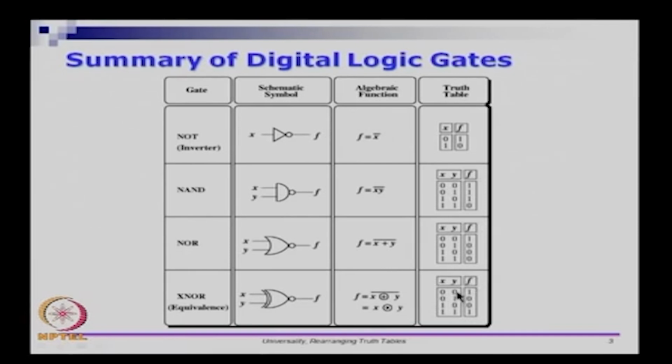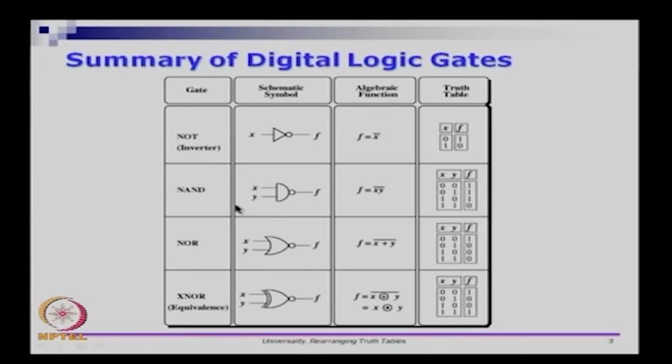If both the inputs are the same, so 0 0 and 1 1, then the output is 1. If the inputs are different, then the output is 0. Because of this, XNOR is essentially checking equivalence of two input bits. So x and y, if they are equal, then f is 1. If they are not equal, then the output is 0. So this is a shortcut notation.